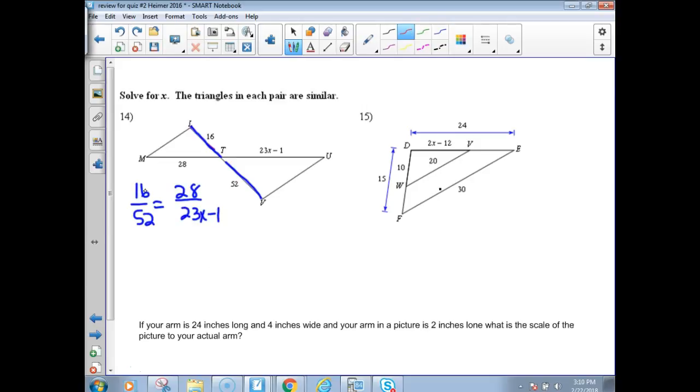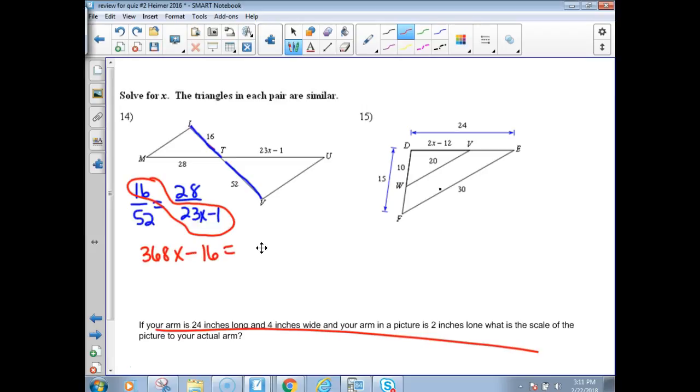Okay, big old numbers again. 16 times 23. I'm sure we're not doing that. Okay, you guys got it for me? 368? 368. X minus 16 is equal to 52 times 28, please. That's how I know you guys are participating. Okay, 1,456.